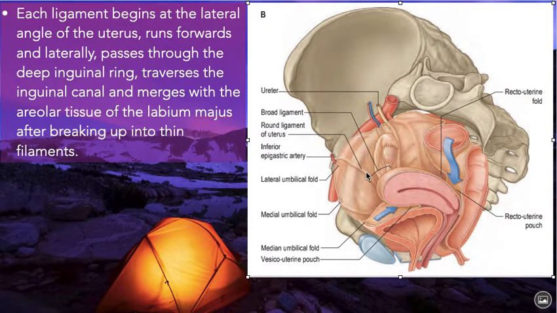Each ligament begins at the lateral angle of the uterus, runs forward and laterally, passes through the deep inguinal ring, traverses the inguinal canal, and merges with the areolar tissue of the labium majus after breaking up into thin segments.